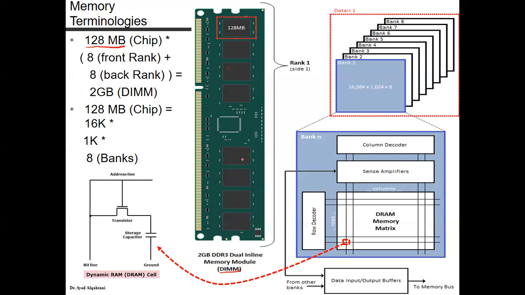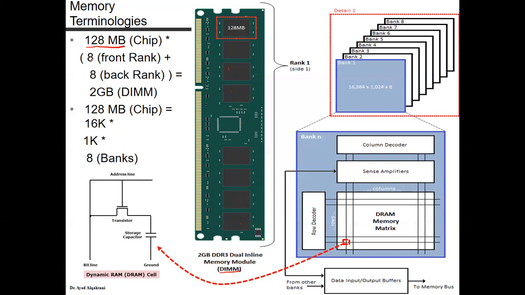We call this rank 1 or side 1 or the front rank. And there are 8 more in the back that we can't see. It's not in the slide. We also can call it rank 0 or side 0 or simply the back rank. So we have 8 in the front, 8 in the back.